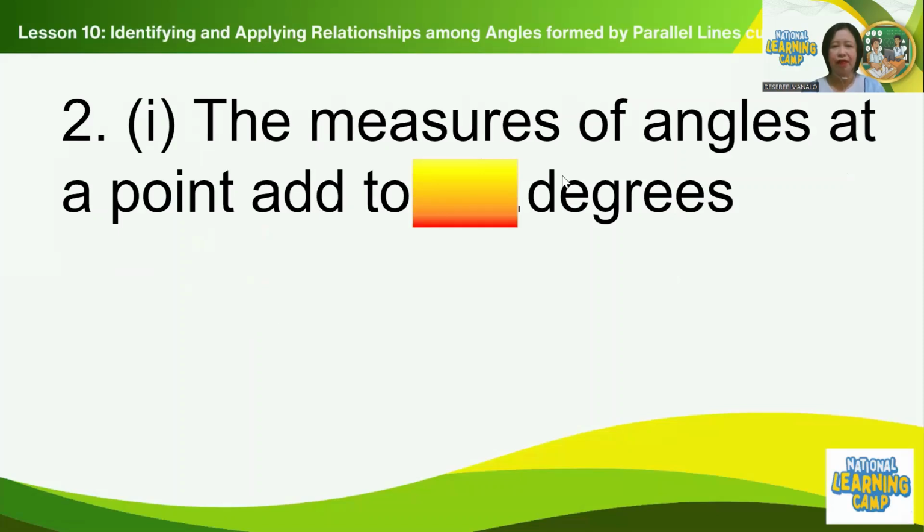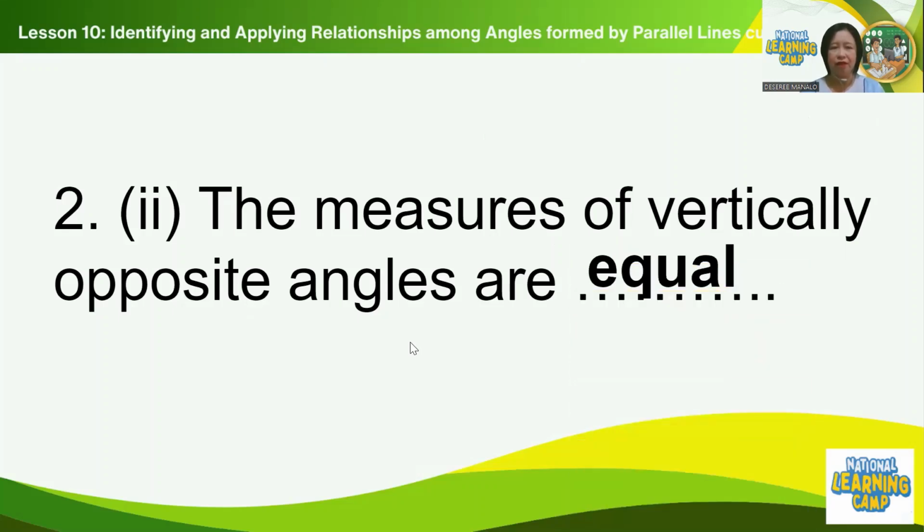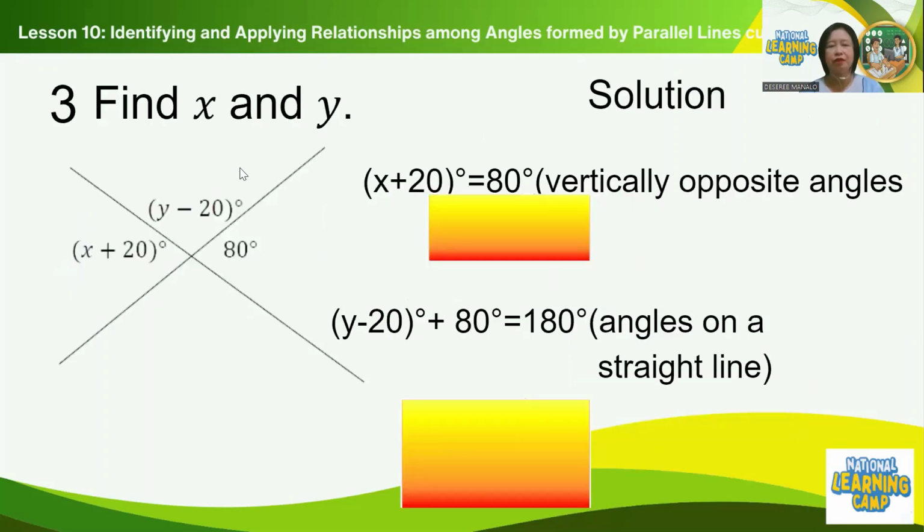The measures of angles at a point add up to blank degrees. Answer is 360 degrees. The measures of vertically opposite angles are equal.